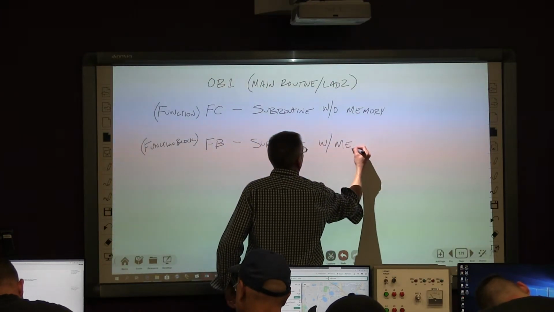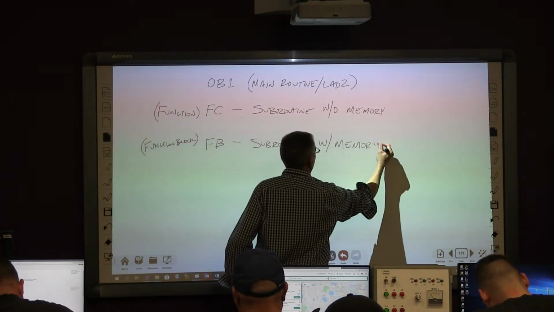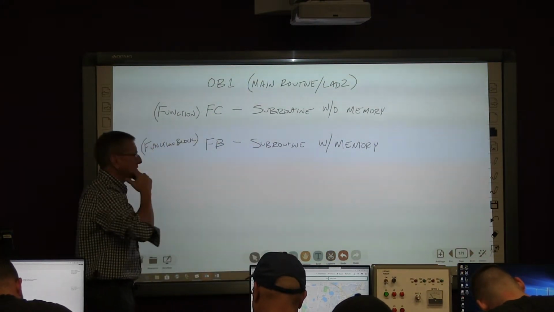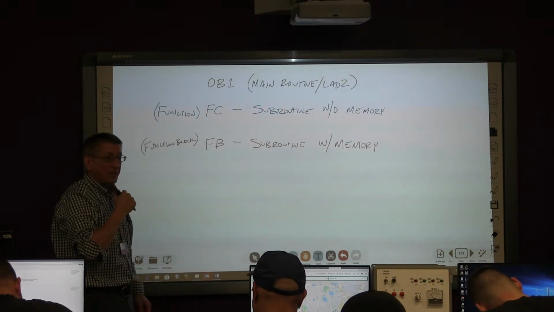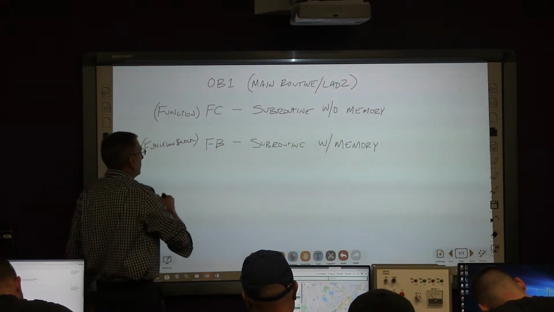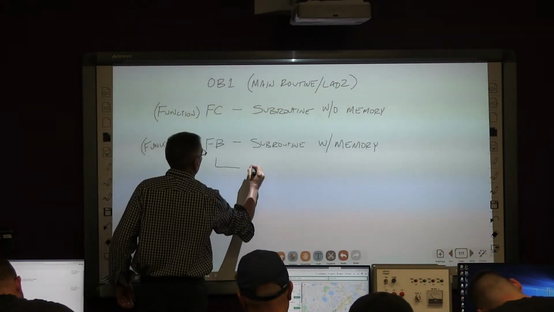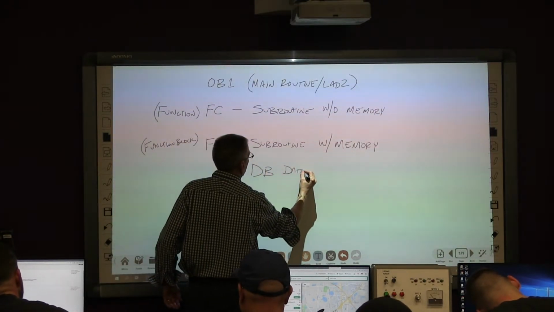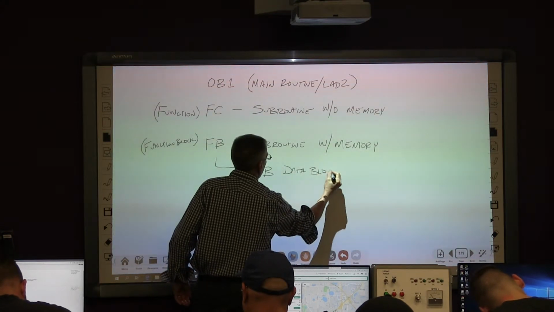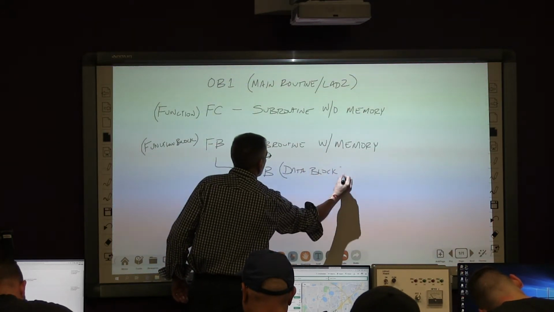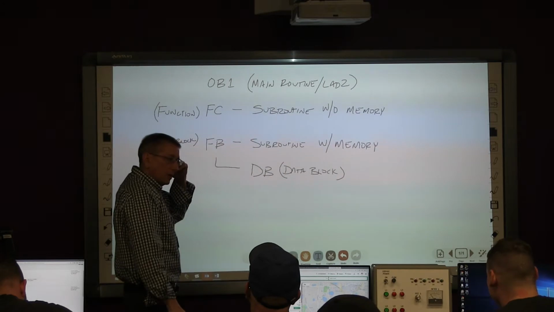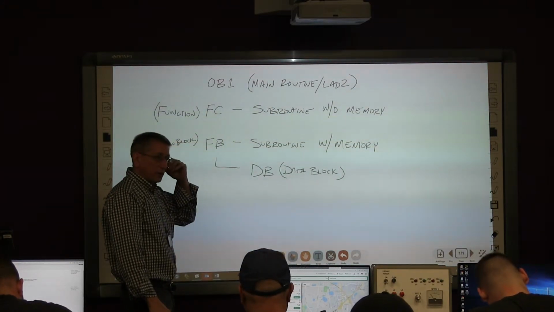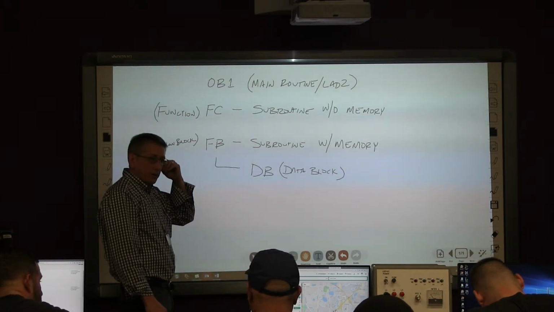How does a function block store its memory? It stores its memory in something called an instance data block. So, a data block. There are two types of data blocks. One is a global data block, and one is an instance data block.